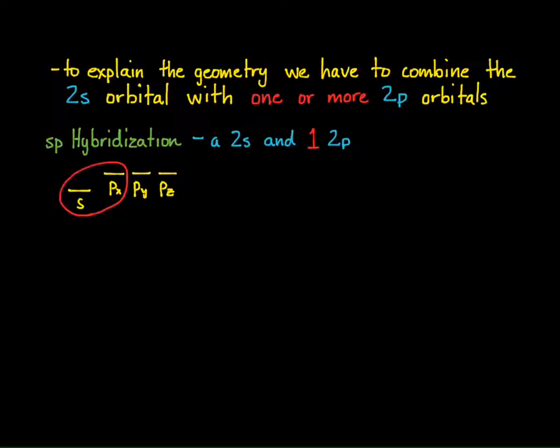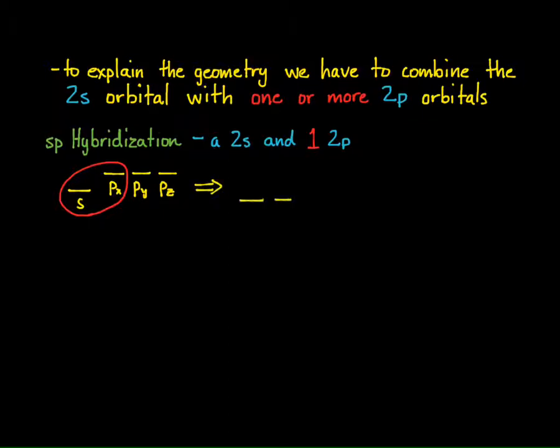This is similar to molecular orbital theory, where you're combining two atomic orbitals to make a molecular orbital. Well, in this case, you're combining two atomic orbitals and making two different atomic orbitals. So there is a little bit of difference, but the principle is the same. Whenever we take two orbitals and mix them together, we produce two new orbitals.